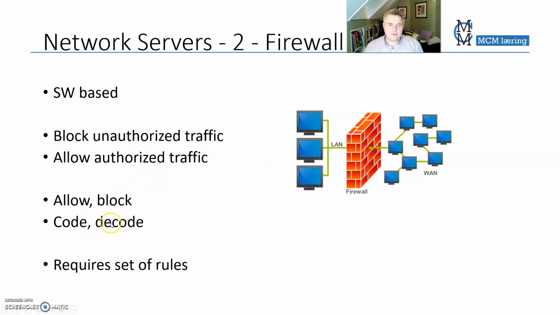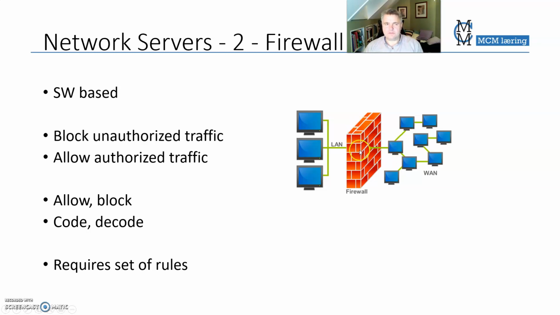It can also code or decode, cipher and decipher, to make messages safe. But the main thing is that it has rules on which web pages I'm allowed to get data from, what kind of data I'm allowed to get, and what kind of requests from the outside are allowed into my network. So you have so-called policies, and the firewall will analyze every packet that comes from the outside to check if it's safe or not.